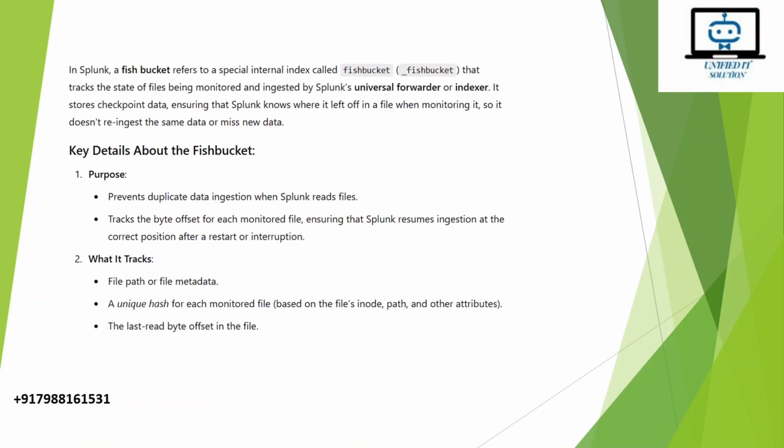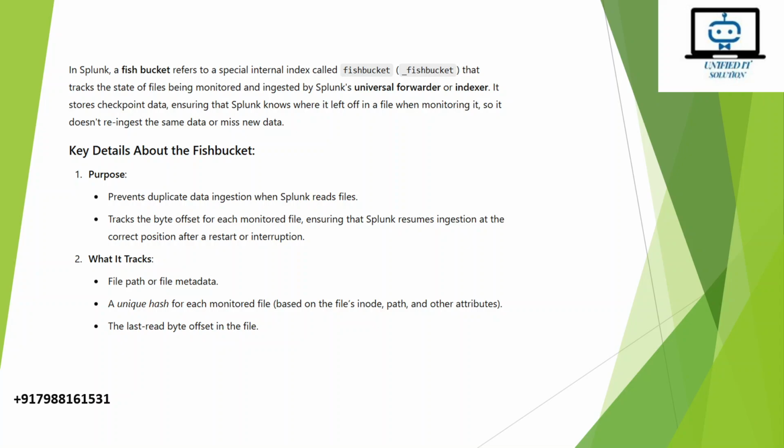Okay, so in Splunk, the bucket called fish bucket refers to a special internal index that tracks the state of files being monitored and ingested by the Splunk universal forwarder or indexer. It stores checkpoint data, ensuring that Splunk knows where it left off in a file when monitoring it, so it does not re-ingest the data or miss any data.